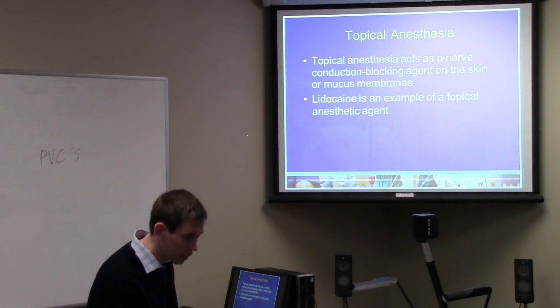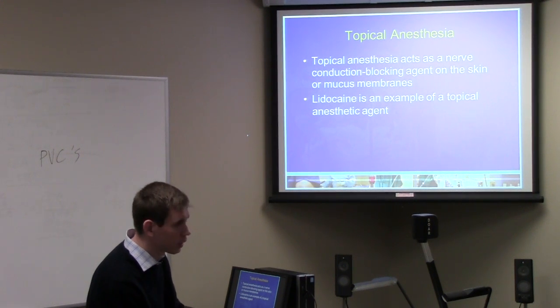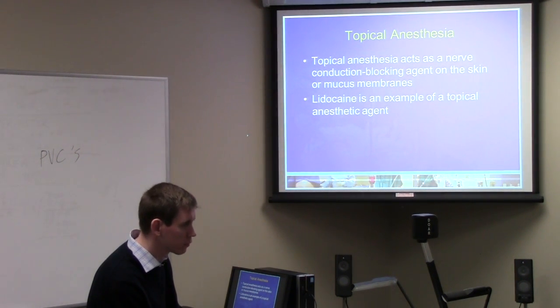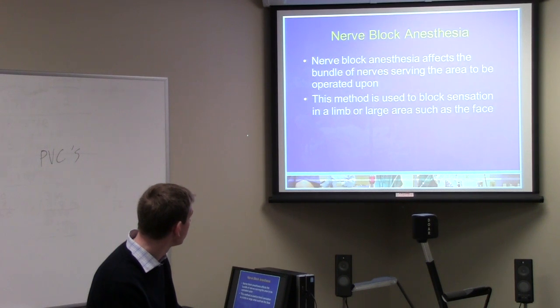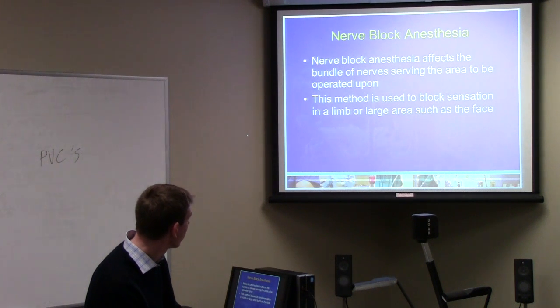An example again would be lidocaine as a topical anesthetic, like lidocaine ointment. Or there's also an over the counter, I believe it's 1% lidocaine as well. A nerve block, so with a nerve block you're just blocking that nerve and the branches of that nerve that it goes to, like on the little picture a moment ago.